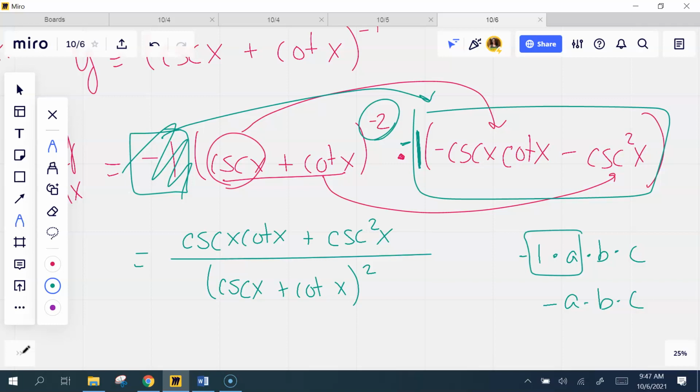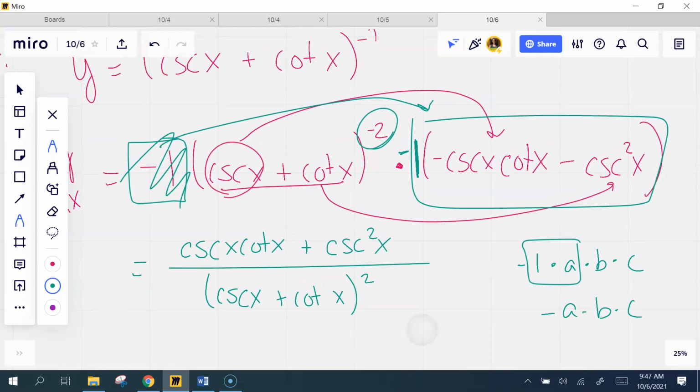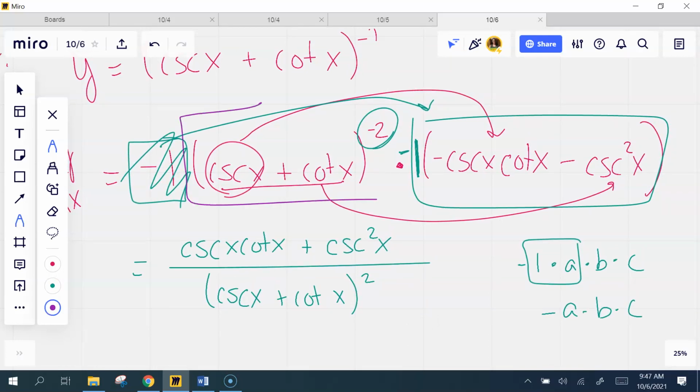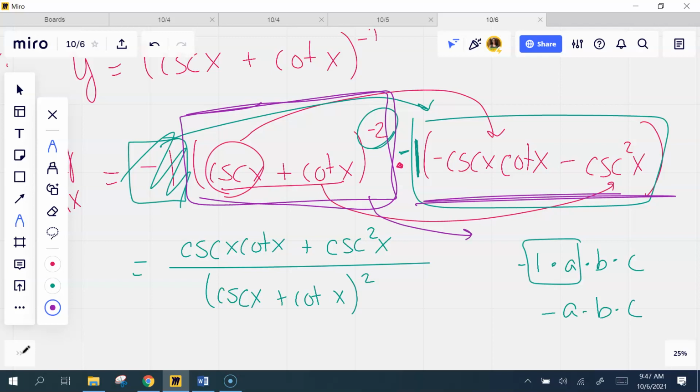Could you show me what you just did and why you were able to divide it? Right. So this piece becomes positive and moves to the bottom of the fraction because of its negative exponent. The second piece, the one underlined in purple here, is the derivative of the inside.